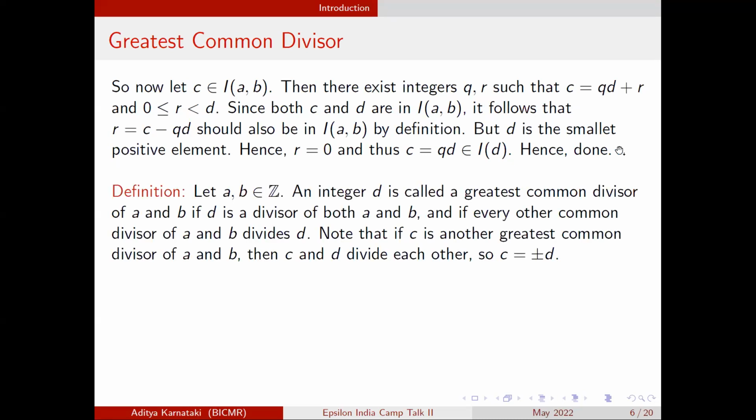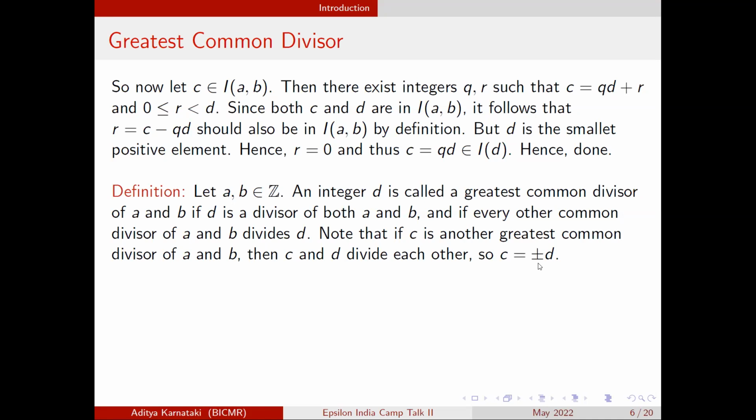Now we'll see why this is related to a greatest common divisor. Everybody knows this definition, but I'm slightly changing it from the usual definition in the sense that I'm not requiring as of now that the greatest common divisor be positive.